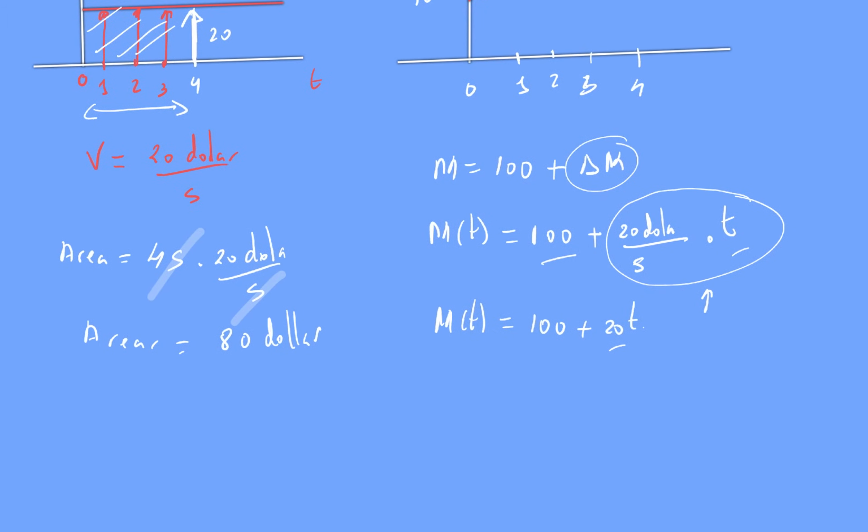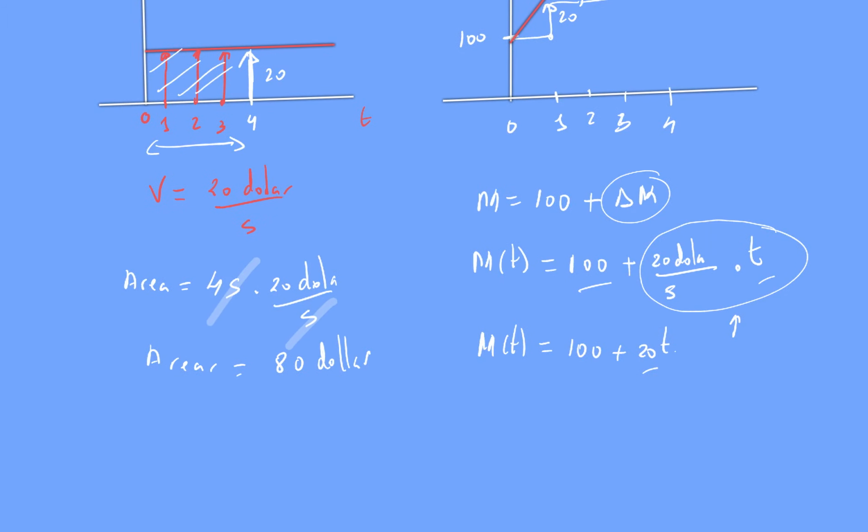This is what the first fundamental theorem of calculus says. It says that the area is equal to the change in your money. In the first seconds, what is the change in my money? I start with $100, and the change in my money is 40 plus 20 plus 20.